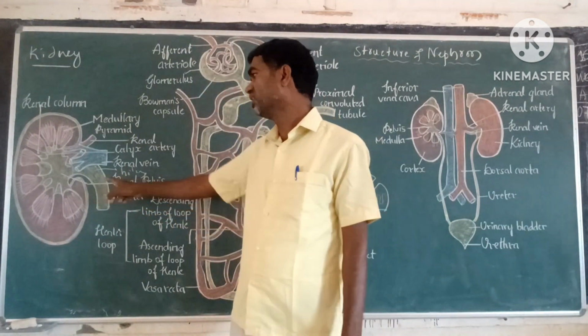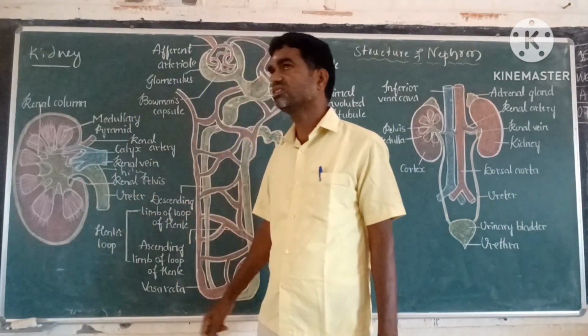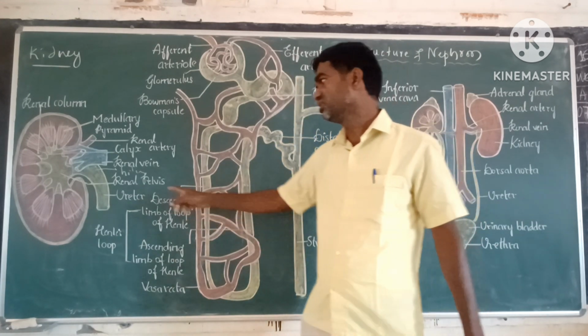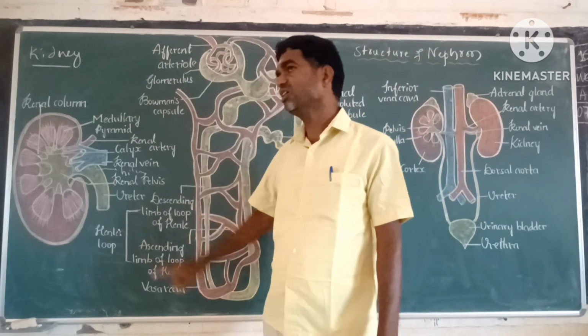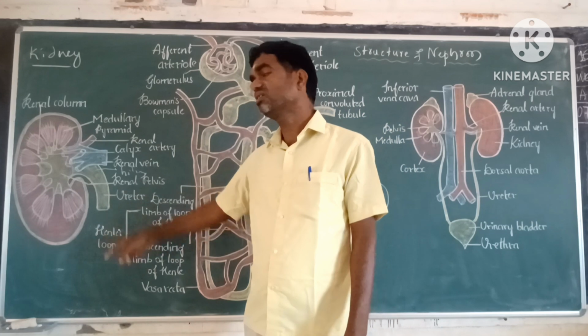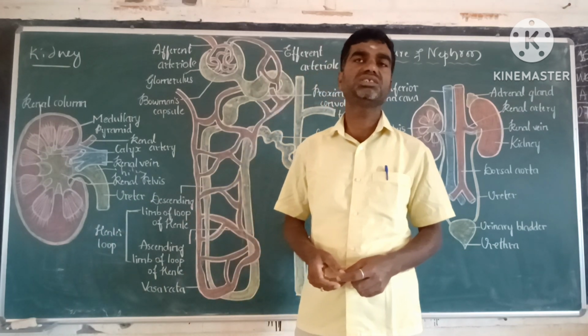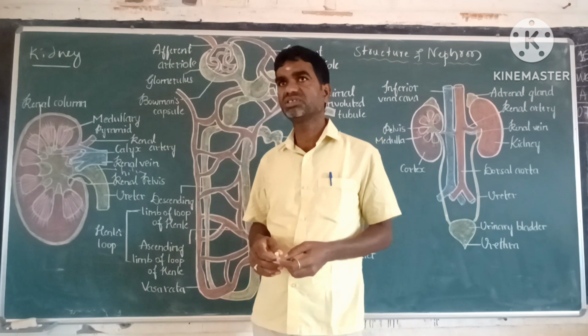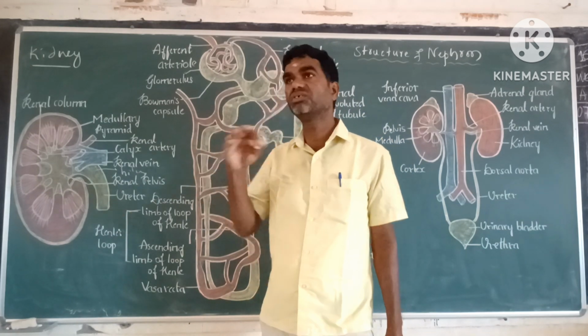The extending region connects to a tube-like structure called the ureter. Through the ureter, urine reaches the urinary bladder, and through the urinary bladder the urine passes outside.